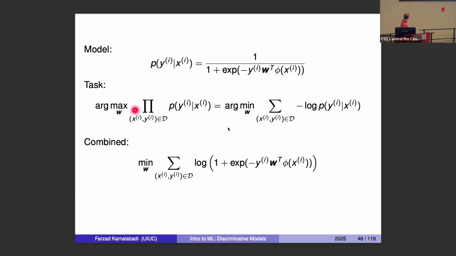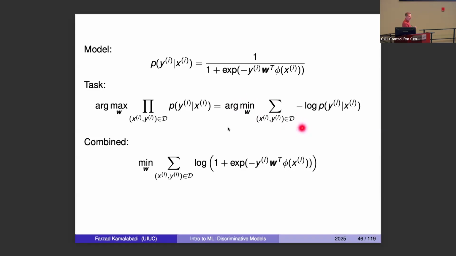First of all, I can change the sign to negative and change the maximum to a minimum problem. But the next thing I can do is take the log and, because of the log, convert the product to a sum. Okay, so now I have a problem that's essentially linear, these sums.